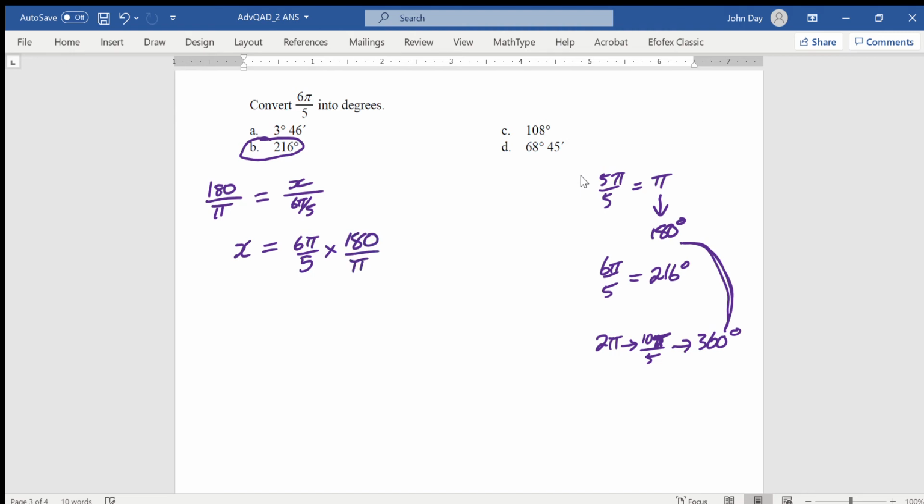Some people learn that as a rule, that you should times by 180 on pi to turn radians into degrees. That's not a bad thing to learn because it comes up so often. Anyway, we would end up here with the pi's cancelling. 6 times 180 on 5 is 216. So you could use your conversion or you could use your common sense.